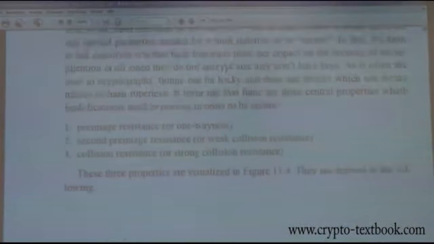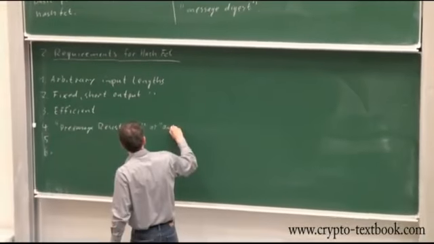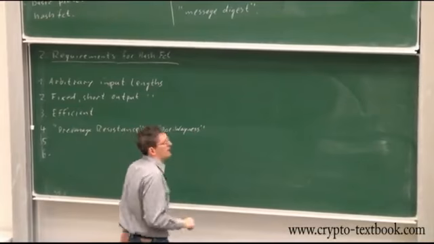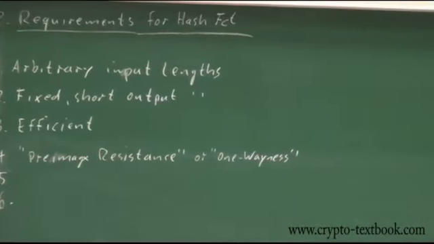So now come points 4, 5, and 6, which are called pre-image resistance, second pre-image resistance, and collision resistance. Again, we're going to talk about that for a while. So pre-image resistance, or one-wayness, means it's a one-way function.